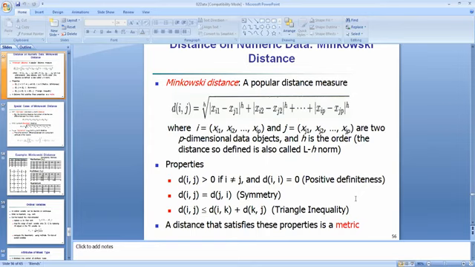Second property is dij equals dji. This is the symmetric property. Third property is dij less than or equal to dik plus dkj. This is also called the triangular inequality property.